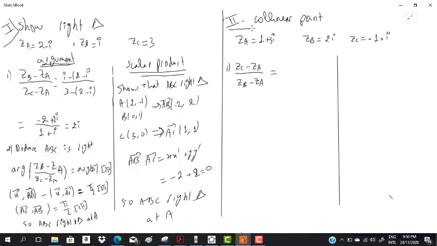The second problem of our video today is how to show collinear points. Also, we have two different ways of asking the question, or two different ways of solving. If you are asked firstly, we have the points A, B, and C, to find (ZC minus ZA) over (ZB minus ZA) in the algebraic form, we will have (minus 1 plus i minus 1 plus 3i) over (2i minus 1 plus 3i).